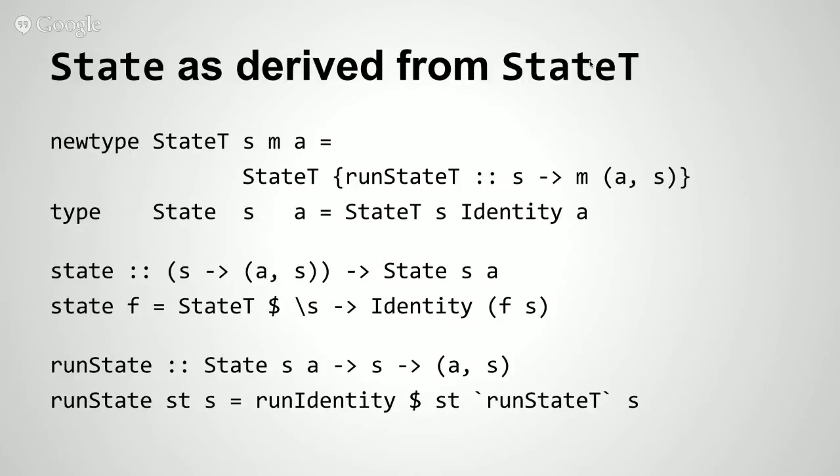And there's a function called state, lowercase, that will take an S arrow pair A S and turn it into a State, and it'll do all the wrapping for you. And then runState will do all the unwrapping for you. So you rarely have to do explicit unwrapping, which is nice. Because I'll be honest, there's a lot of type class magic that makes monad transformers not hell to work with.